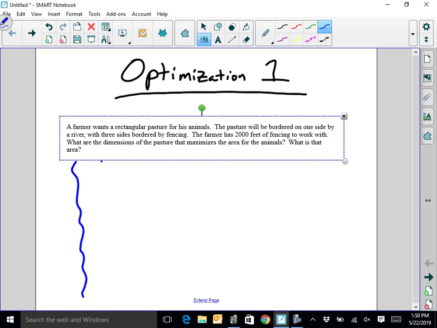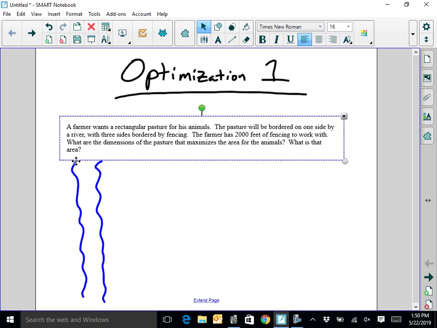We're going to use the river as one of the borders of a rectangle to create this pasture. Since we want the area to be as big as possible, we'd want the river to take up a pretty good stretch, because we don't have to put any fencing there. So my guess is it's going to look something like this.